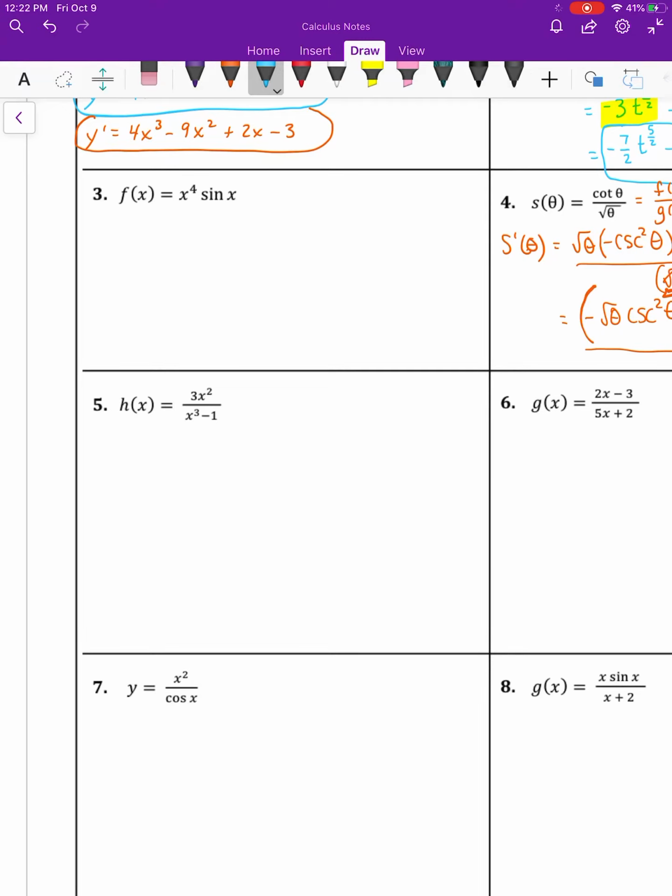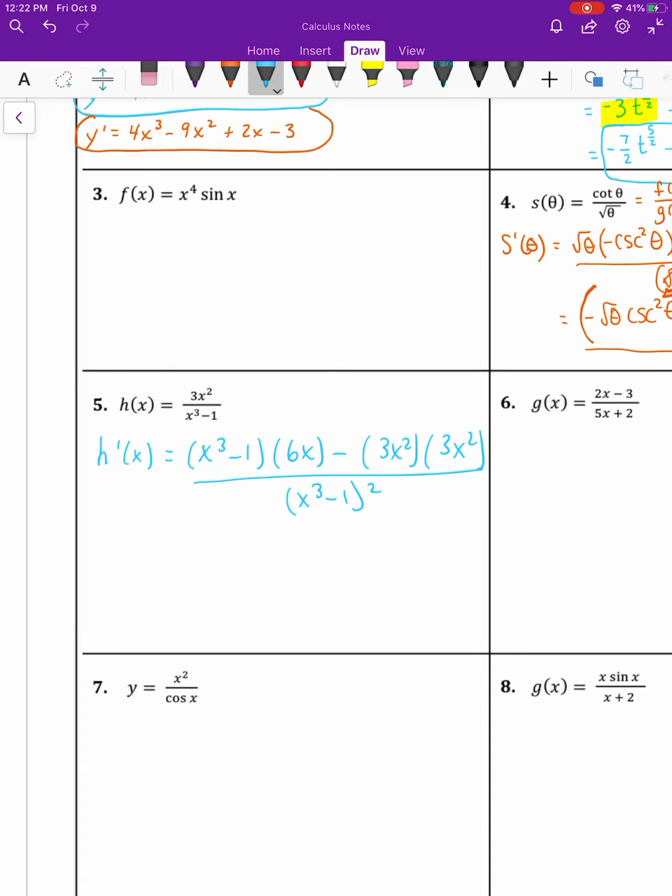And this one's pretty easy. I should have done this one first. Low d high minus high d low over the square of what's below.